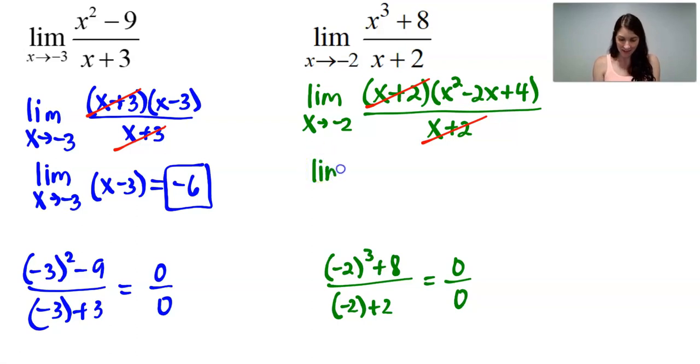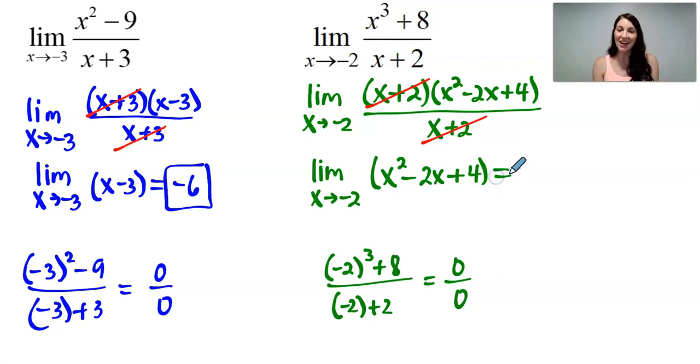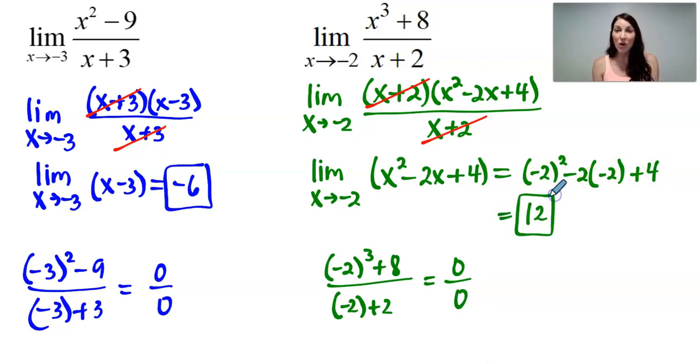Now I have the limit as x approaches -2 of a quadratic that I can use direct substitution for. So now I can directly substitute in -2. Let me go ahead and show you the algebra here on this one. And I would have 4 plus 4 plus 4, which gives me a final limit value of 12.